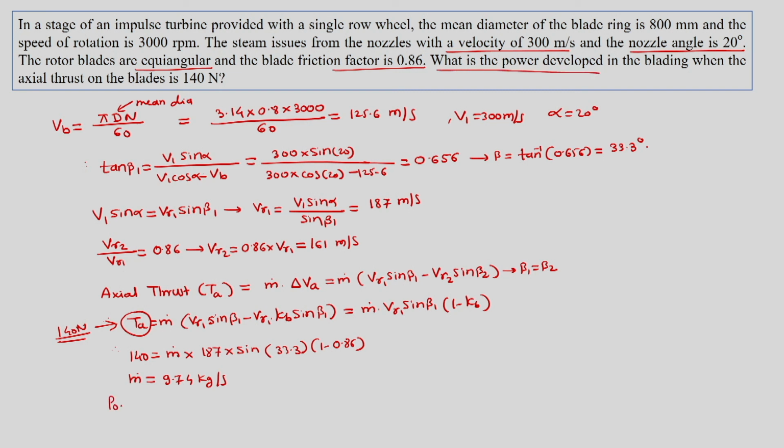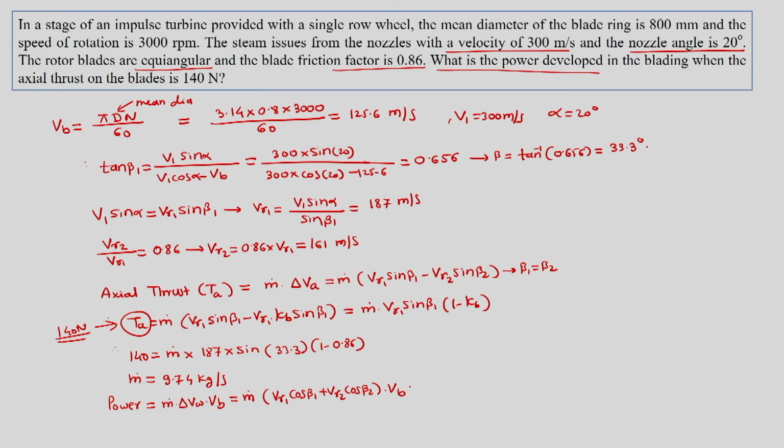Now we can make use of it, since our objective is to find out power developed, and we need m dot for power developed, which we have found out. So power developed is m dot into delta VW into VB. So m dot into delta VW, which is VR1 cos beta 1 plus VR2 cos beta 2, into VB.